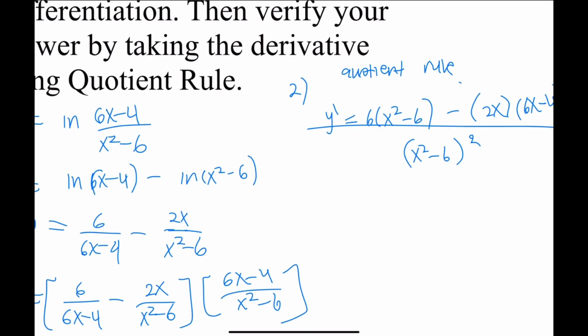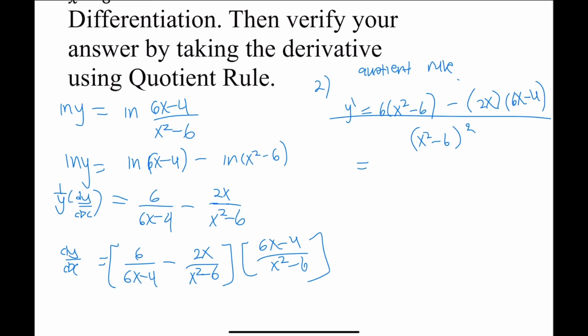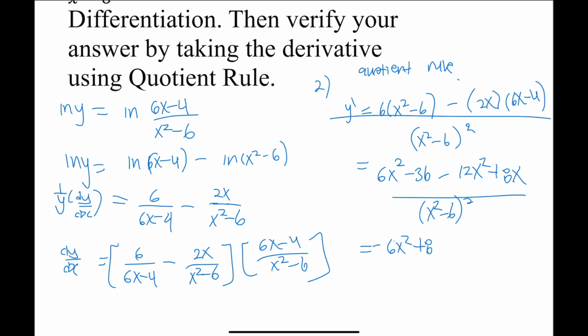So that is basically, and then plus 8x all over, or no, negative 6x squared plus 8x minus 36 all over x squared minus 6 to the power of 2.